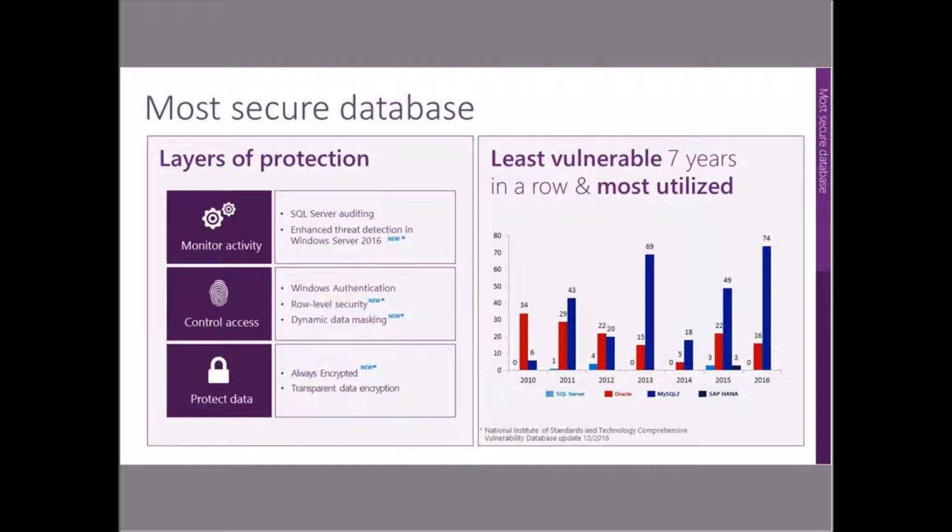Good. Now, 7 years in a row, Microsoft SQL Server is the least vulnerable and the most utilized database product. We have, of course, auditing services built in, and enhanced threat detection, which is built on top of Windows Server 2016, so we leverage that. We now have new security features at the database and table level.